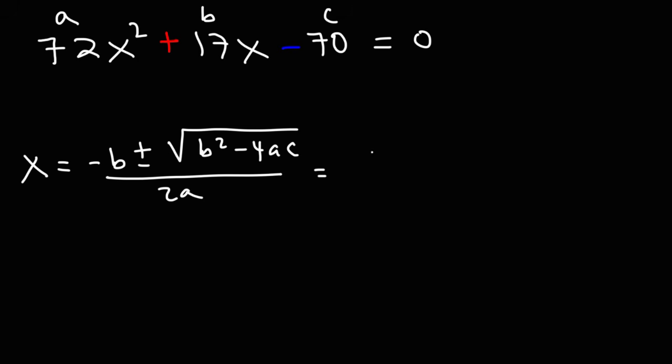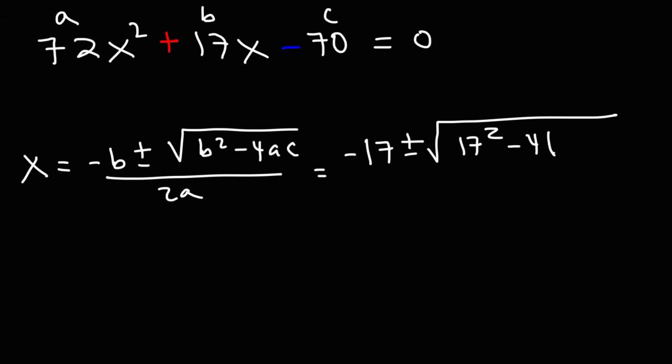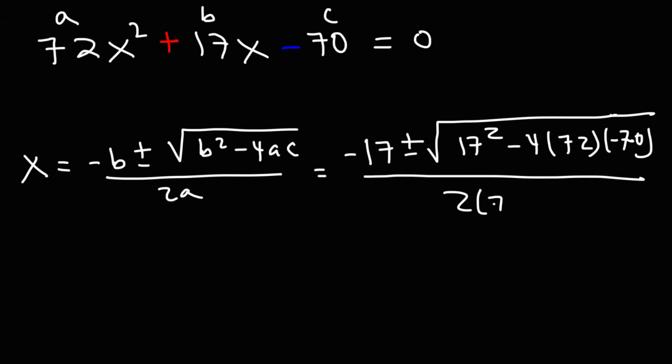So in this example, we have negative 17 plus or minus the square root of 17 squared minus 4 times a times c, divided by 2a, or 2 times 72. So let's simplify it. 17 squared is 289.